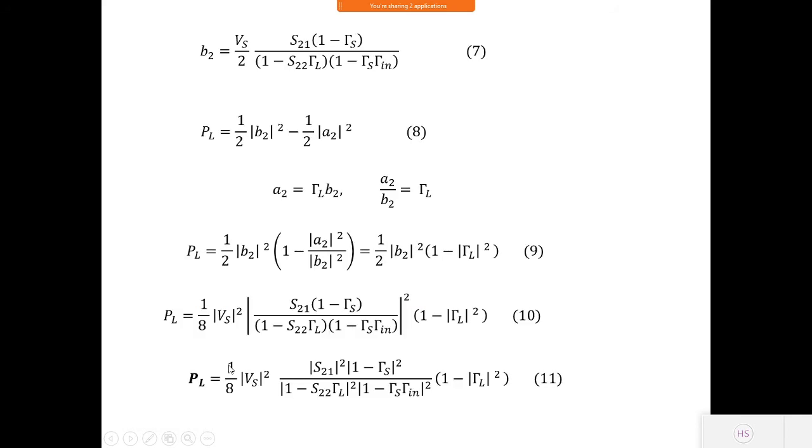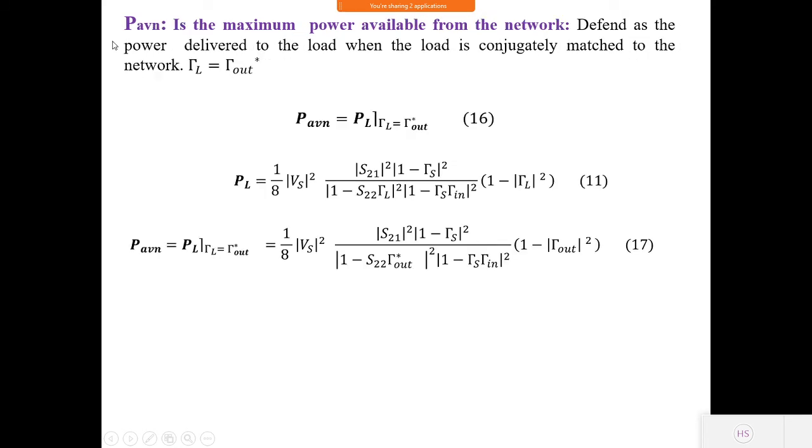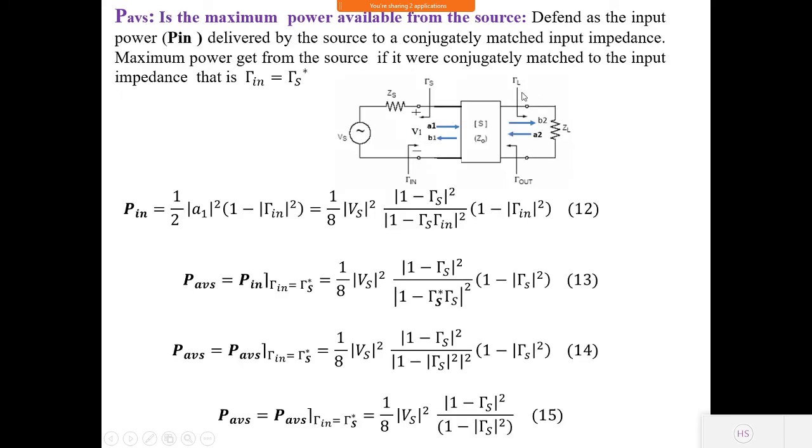Next we got this PAVS. This is power delivered to the network from the source. From the source, what is the maximum power delivered here? That is under matched condition that we obtained. This is PAVS. What is the input power to this network? Similarly, PAVN, that is power delivered to the load under matched condition, ΓL equal to Γout.